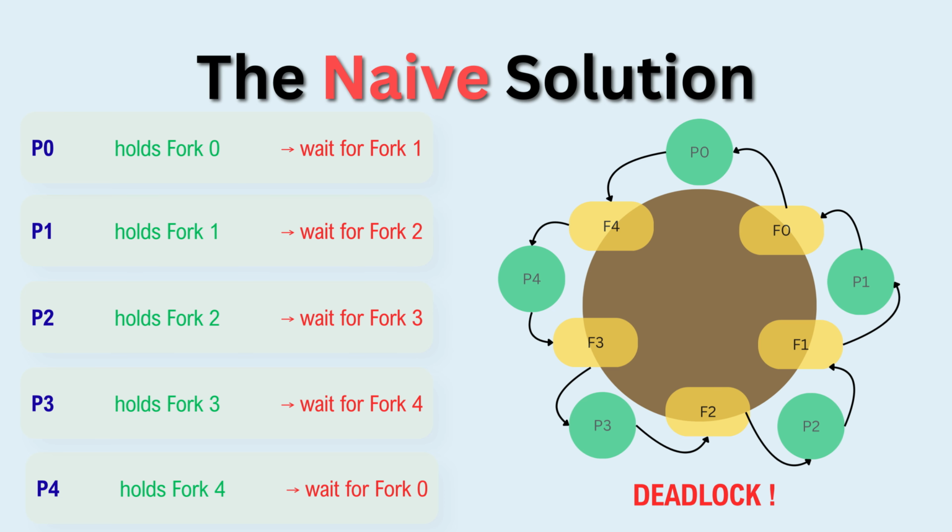This is deadlock, specifically caused by circular wait. Every philosopher holds one resource and waits for another in a cycle that can never be broken without external intervention. The system is frozen.